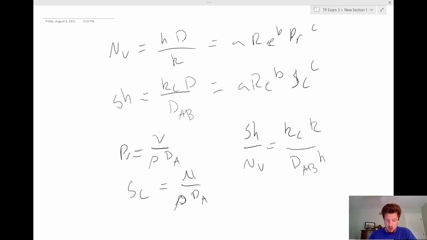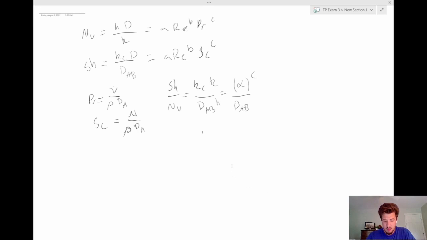Now, if we look very closely, notice that these actually simplify to a simpler term, which will be alpha over DAB raised to some power C. Now, if we look closely, we'll actually realize that this number is the Lewis number. The Lewis number.